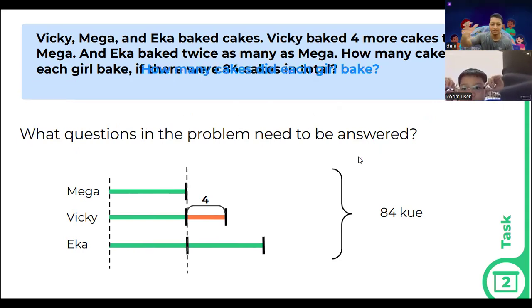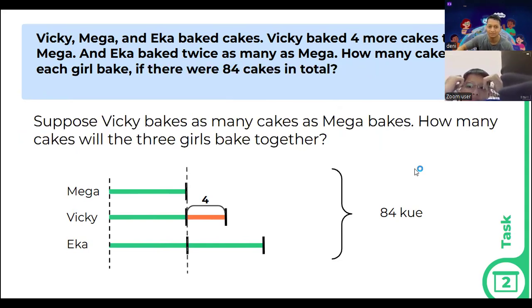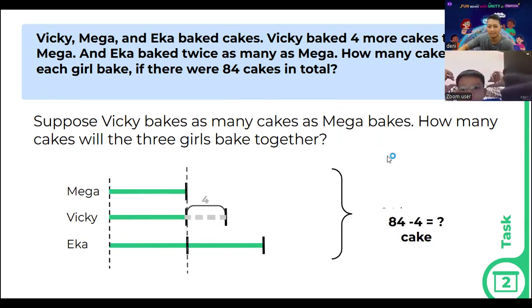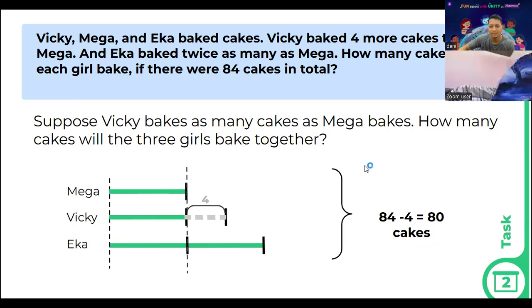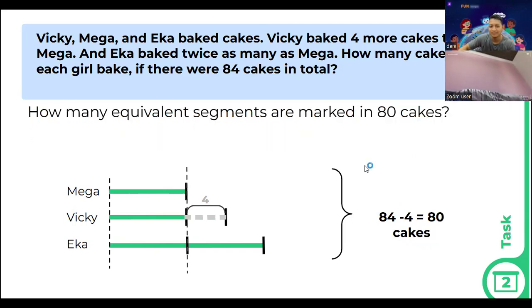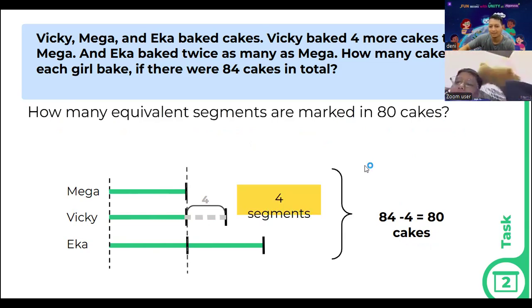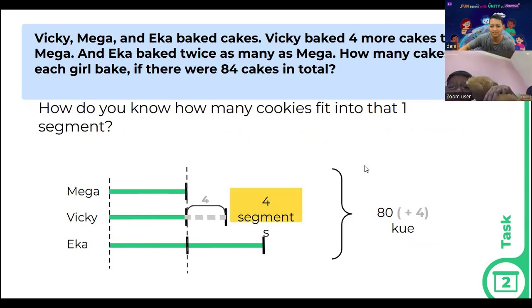First question in the problem needs to be answered. Each girl. Suppose Vicky bakes as many cakes as Mega bakes. How many cakes will the three girls bake together? Just divide it with 4. Minus 4 first is 80. Then we need to divide it into 4 parts. So therefore, segments, just divide it with 4.